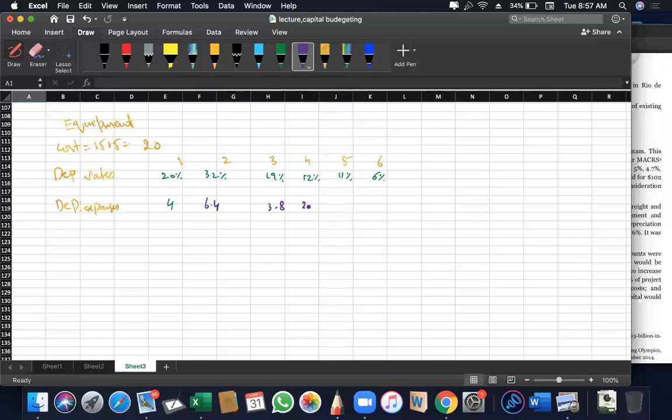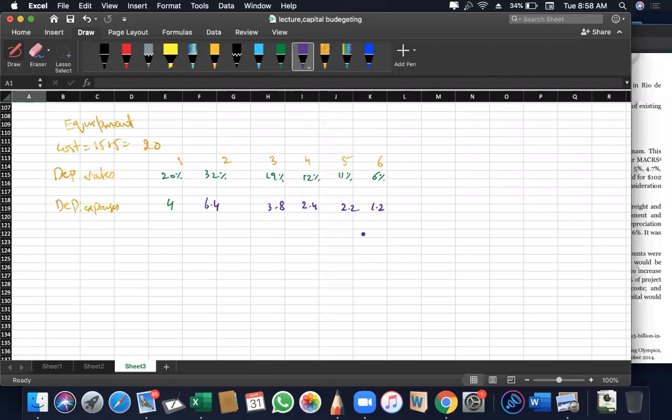This will be 2.4. This will be 2.2. This will be 1.2. So I have no need to use the calculator because the rates were the same. For example, 6 multiplied with 20, I get 120. So 120 divided by 100, I get 1.2 directly. I can solve it without using a calculator. So you can also try the same thing when you are solving this question.